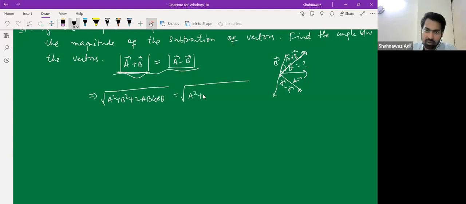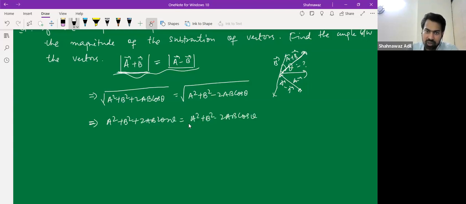Now both sides have roots, so we can square them. Squaring both sides, we get A square plus B square plus 2AB cos theta equals A square plus B square minus 2AB cos theta.